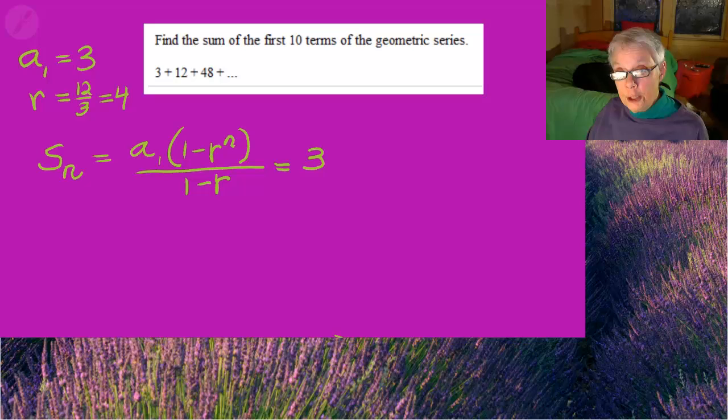We'll take the first term and multiply it by parentheses 1 minus the common ratio to the 10th power, because we're finding the 10th term, over 1 minus 4.